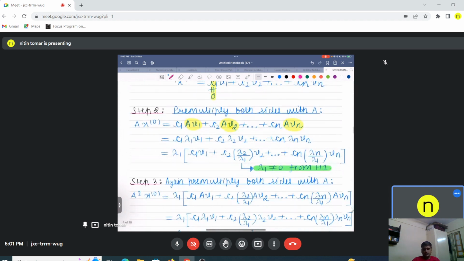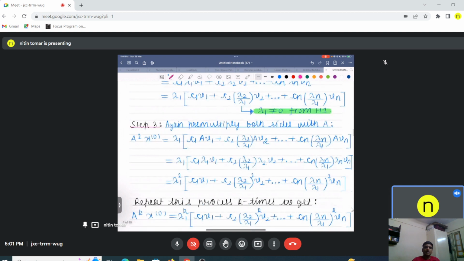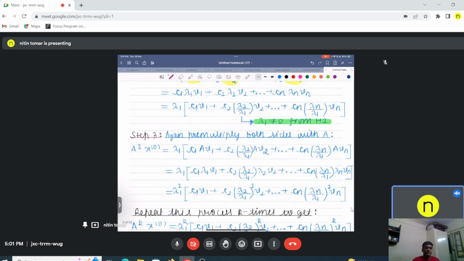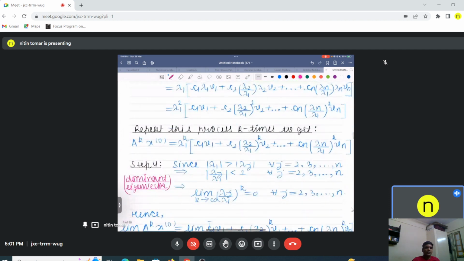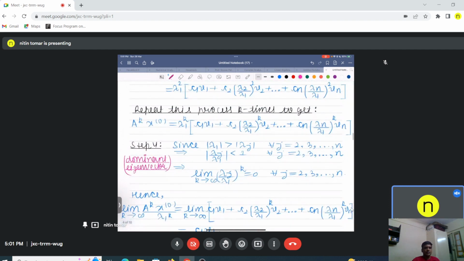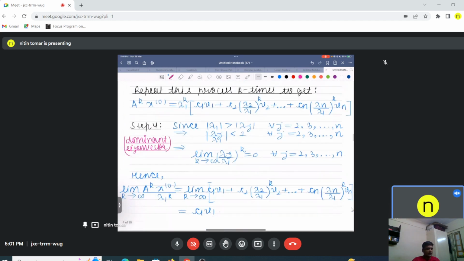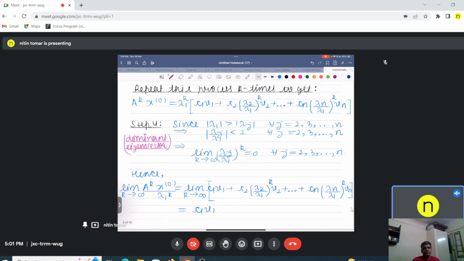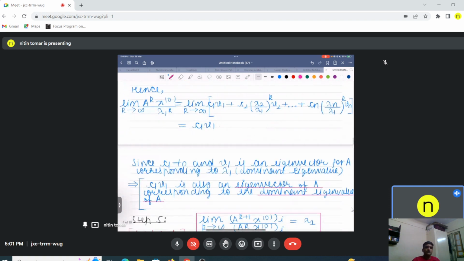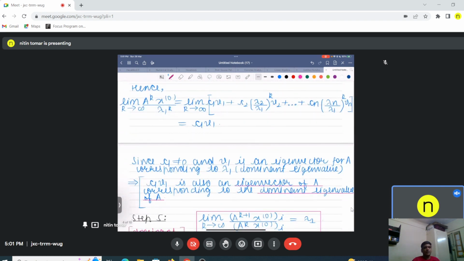Step 2, you pre-multiply it with A. Step 3, again what you have attained in step 2, you pre-multiply by A again, and you keep on doing this process, and you will get two sequences, one of which will converge to the dominant eigenvalue, and second you will get a subsequence which will converge to an eigenvector corresponding to the dominant eigenvalue.